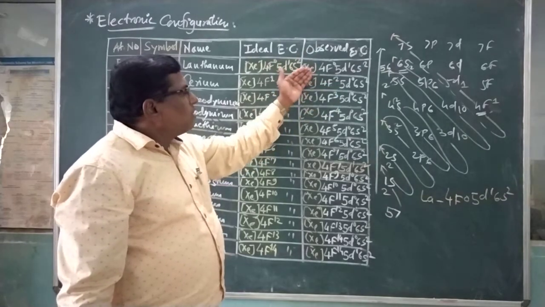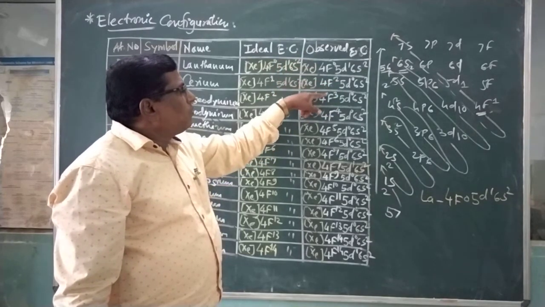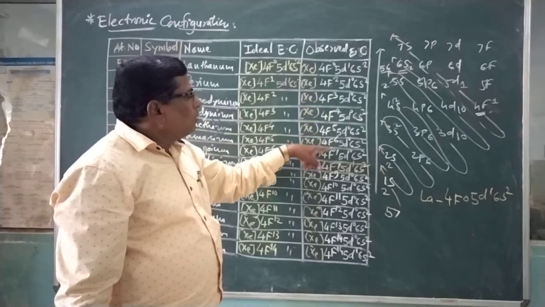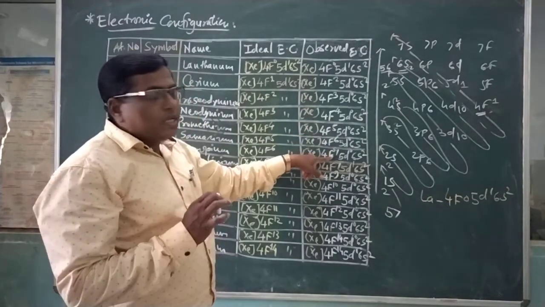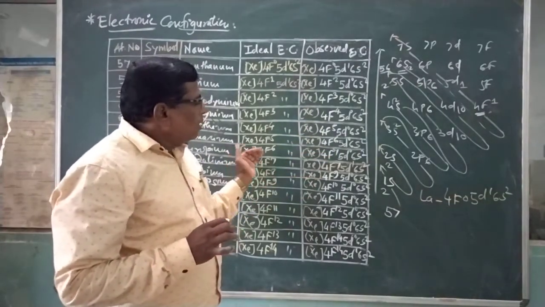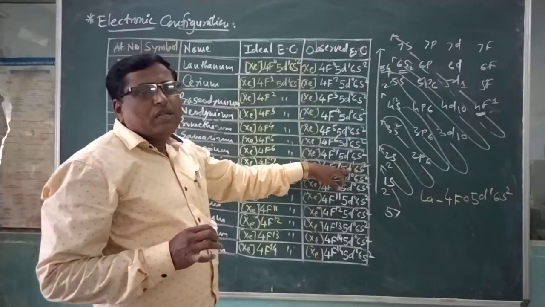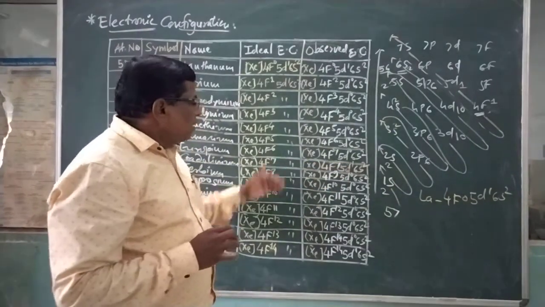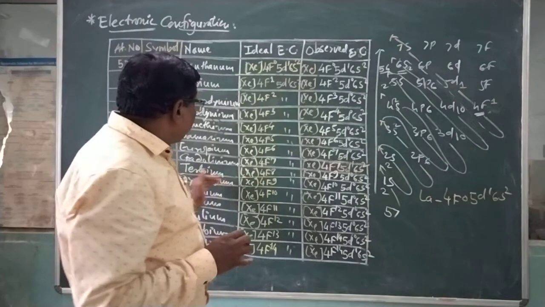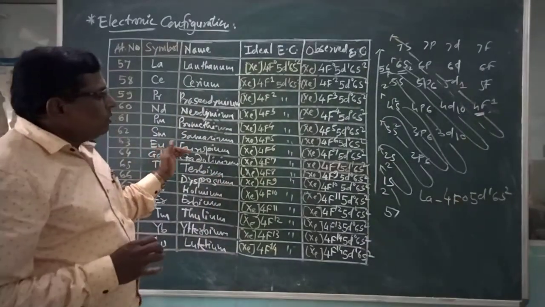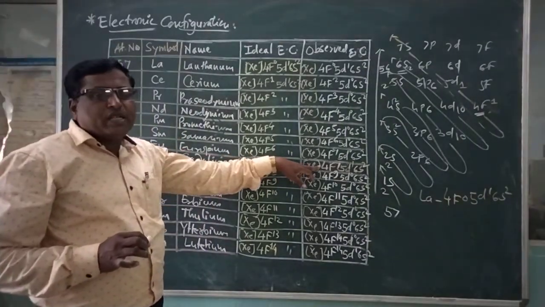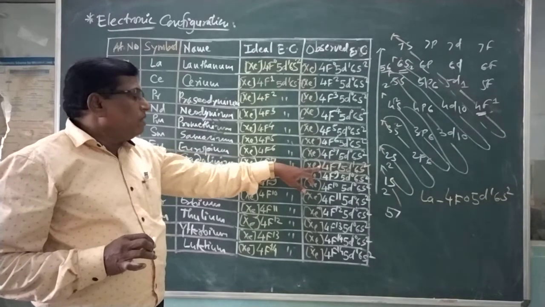So this becomes 4f 2, 3, 4, 5, 6, 7. Once it reaches 7, the extra electron goes into the 5d orbital. This jumping gives the electronic configuration for gadolinium, whose stability can be described as completely half filled stability.